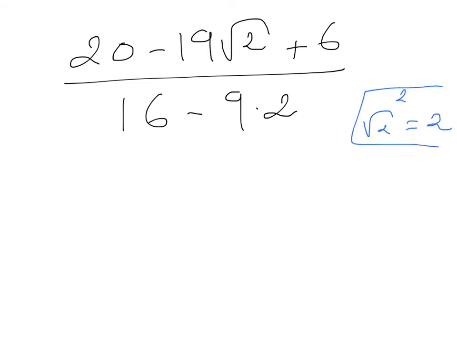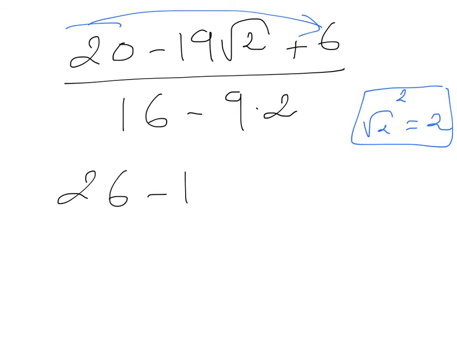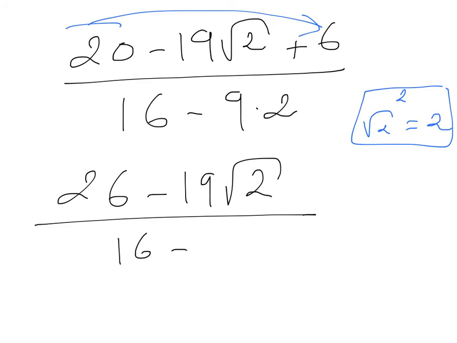Okay, so now we're going to add 20 with 6 here, and we get 26 minus 19 square root of 2 over 16 minus 18.